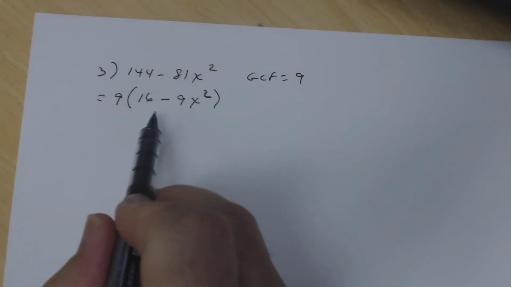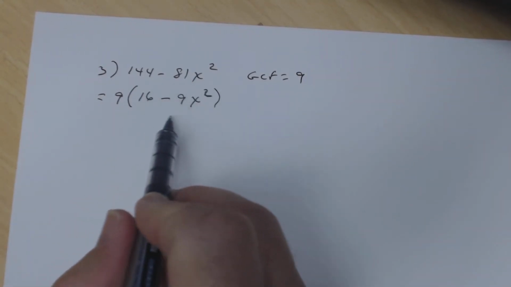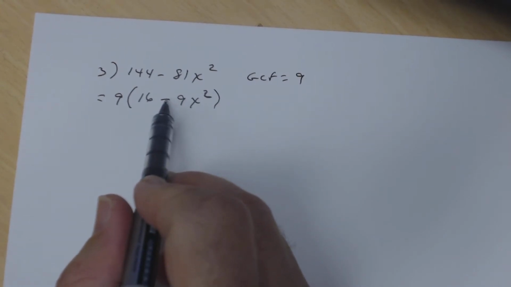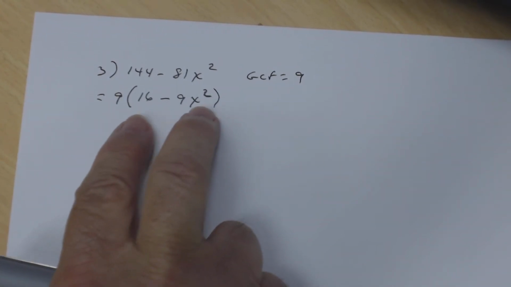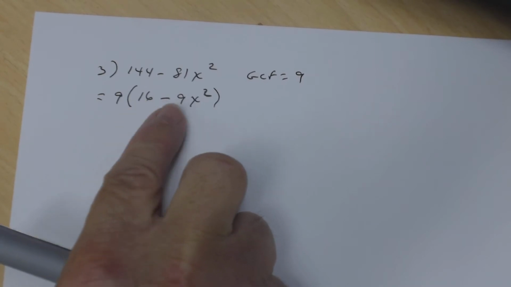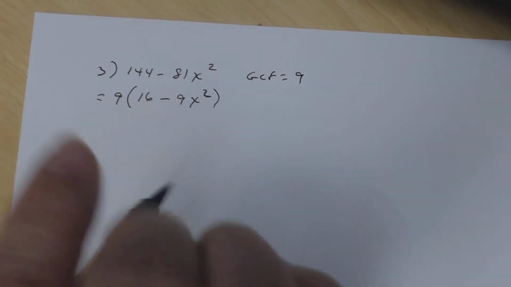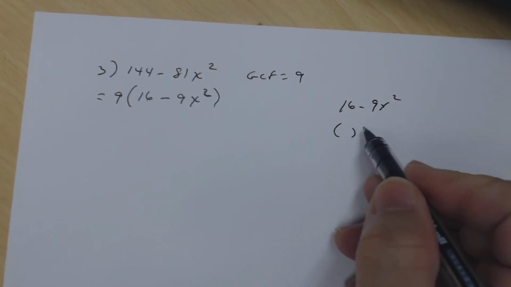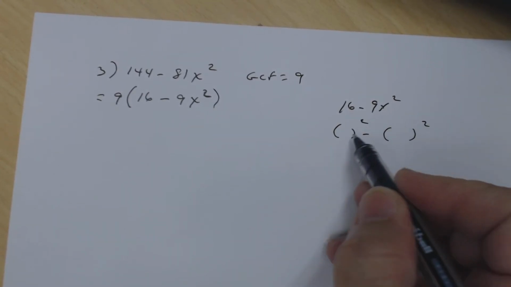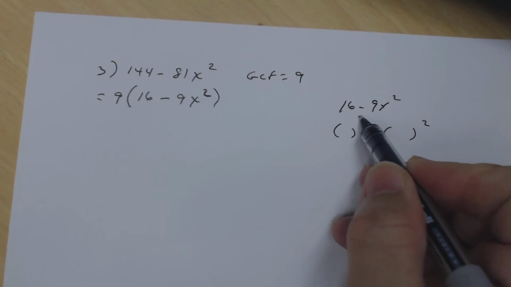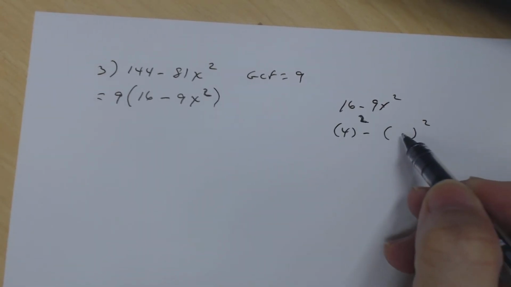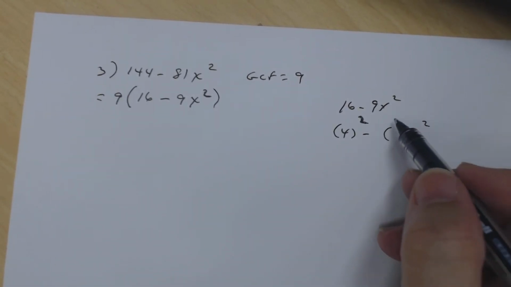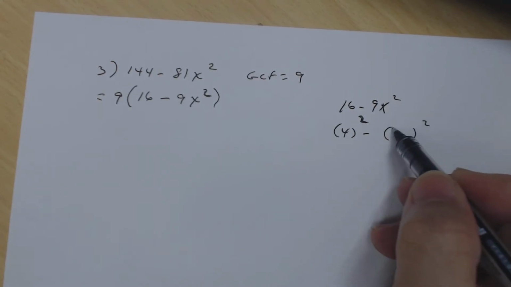All right, now remember, that's not the answer, because you got to look at this factor here and see if these two terms, that factor, is the difference of two squares. And you can look at this and see that it is. Because I can write 16, that's a square, as 4 squared, and I can write 9x squared as 3x squared.